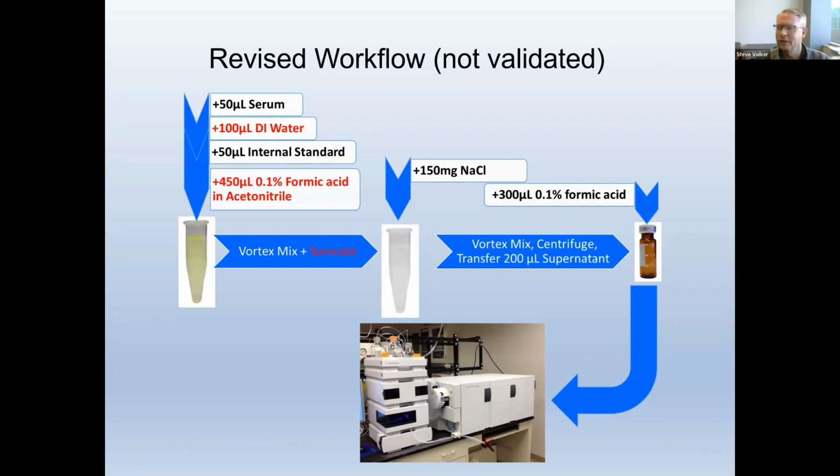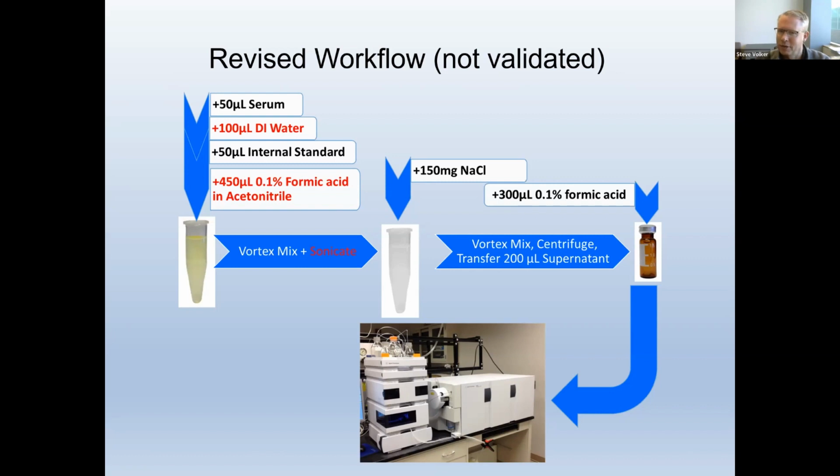So now I'll talk about a revised workflow that we've performed experiments on, but it is not an officially validated method. I've highlighted in red the portions that are new or have been changed. So I'll describe this.